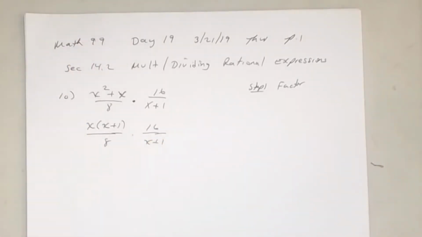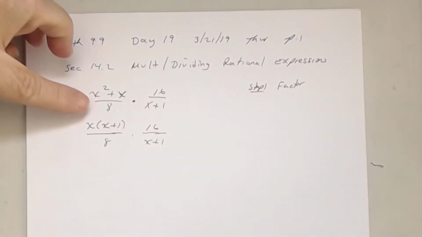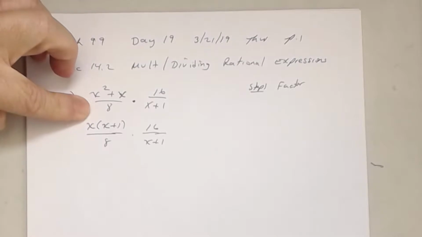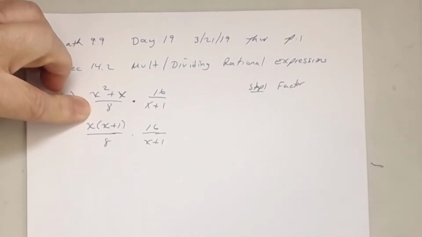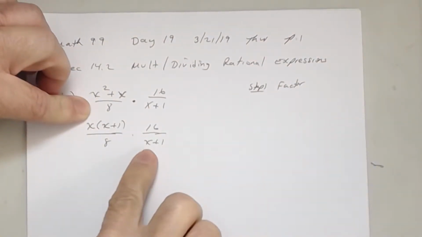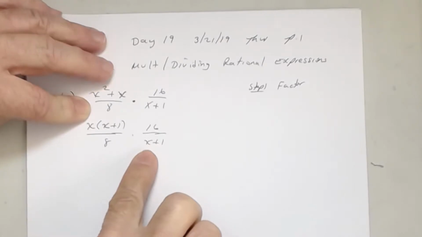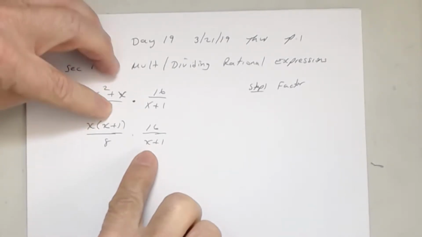Once you factor, the next step is to reduce your common factors. What's the first factor that you see in the numerators as you go across? X. Does x occur as a factor anywhere in the denominators? No, not here. Don't say here, because that's not x times 1, that's x plus 1. What's the next factor that you see?